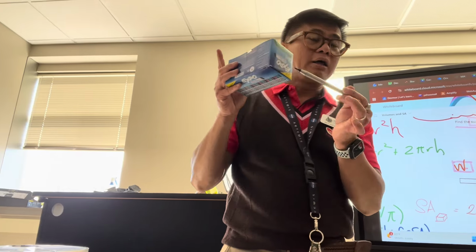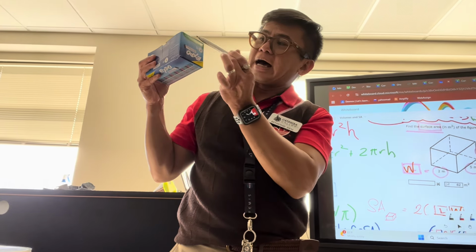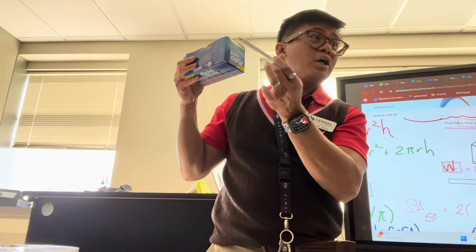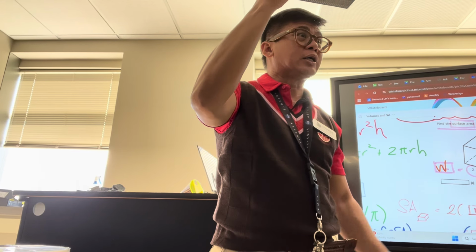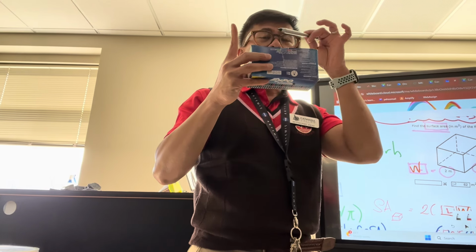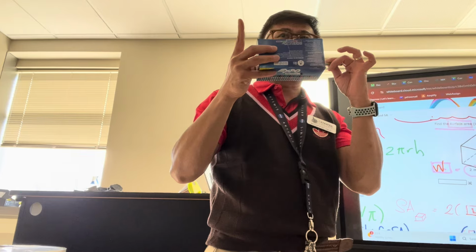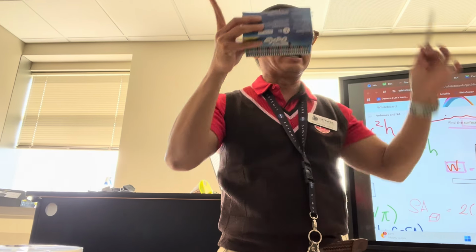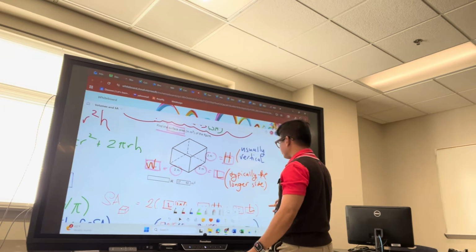The left and the right are the same. That is the height, that is the width. So 2 height widths. So a total of 6: 2 for top and bottom, 2 for front and back, and 2 for right and left. So with that being said, the formulas are as follows.